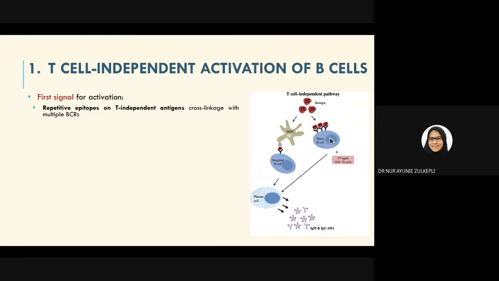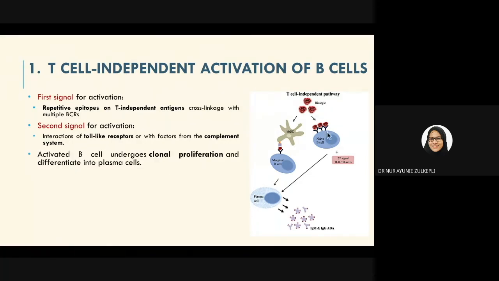So this is a naive mature B cell with BCRs on its surface, and the repetitive epitopes on the T-independent antigen, which could be a peptide or lipopolysaccharide, attach and make a complex cross-linkage with the BCR. Then it requires a second signal for activation, which is interaction with a toll-like receptor or with other factors, for example the complement system.